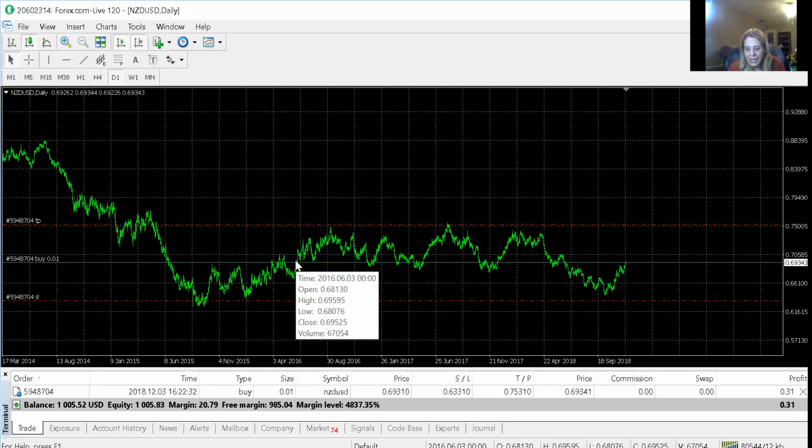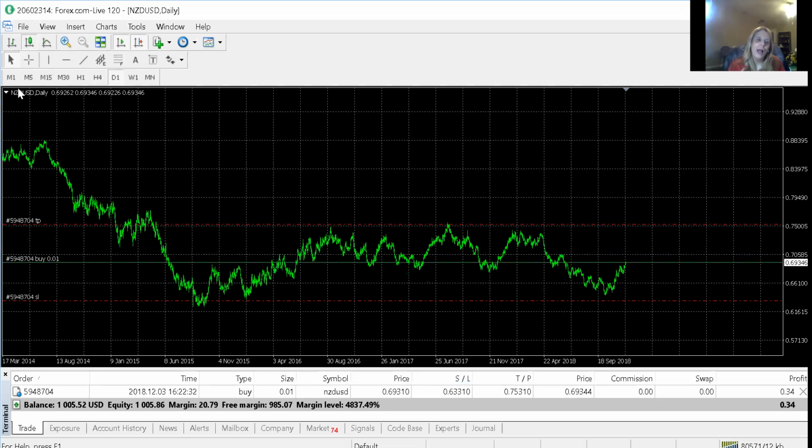And as you can see, this trend on this trade is going in the profit. It comes down a little bit, but it will definitely go into where we want it to go. And that's why I stay in the daytime chart.